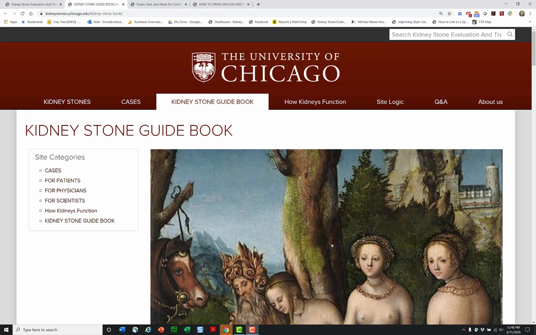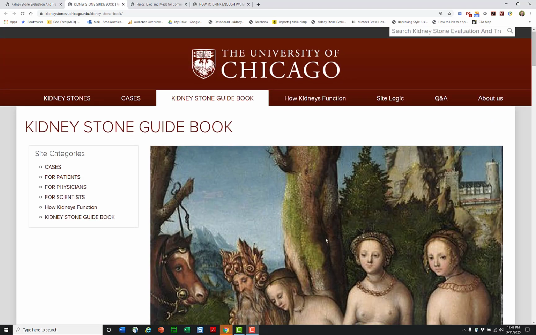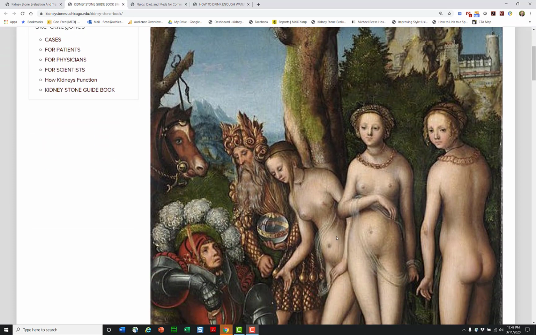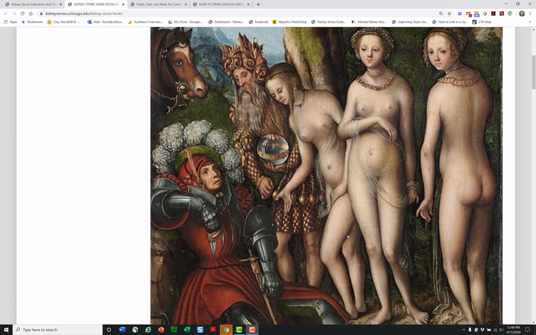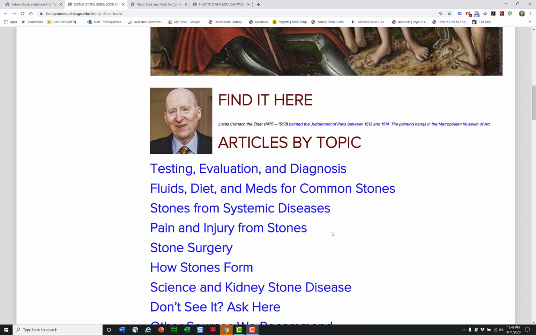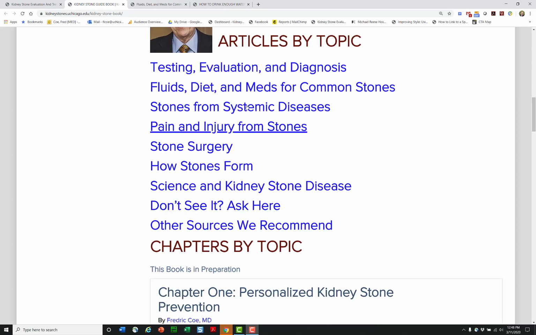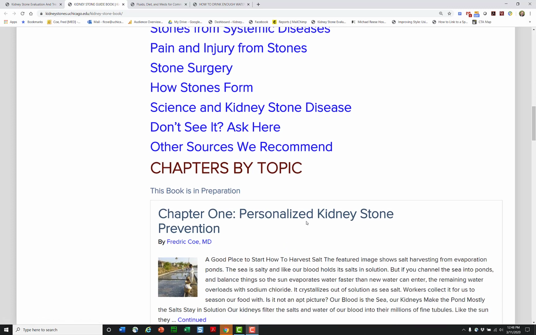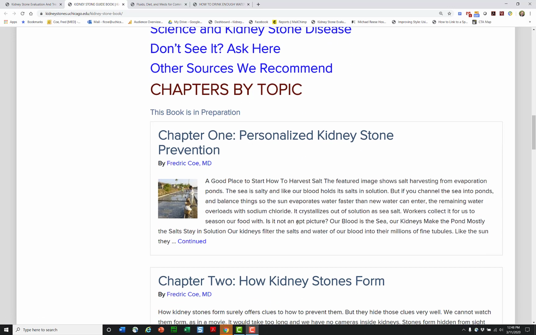While you're on the Kidney Stone Guidebook page, the one with the beautiful Lucas Cranach painting, you can skip by the shopping mall of all the articles and take a look at the chapters, because it is in fact not only a shopping mall, but a collection of 12 chapters.